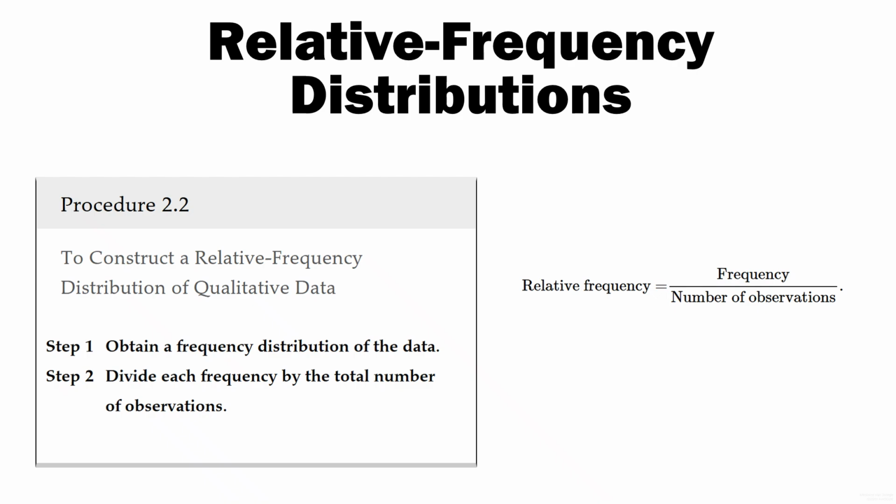They are better than frequency distributions for comparing two data sets, because relative frequencies will always fall between 0 and 1, and so they provide a standard for comparison. Often what you will see is that we will have a relative frequency distribution, which will fall between 0 and 1, or people will turn it into a percentage by multiplying their final answer by 100. Either one is fine, and they work with each other.